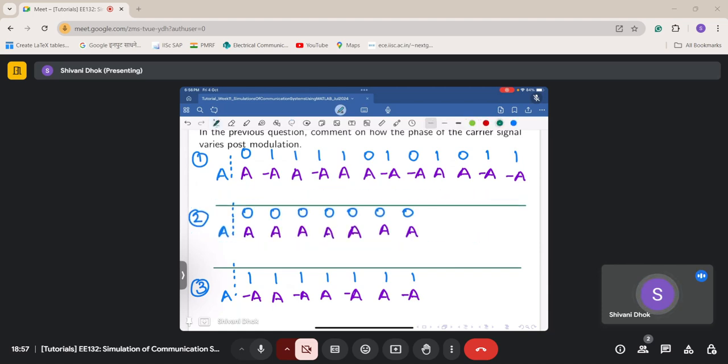Okay, so this is the thing that we have. This was my input, this is output, this was input, this is output, this is input, this was output, and now what we will see is the phase change.